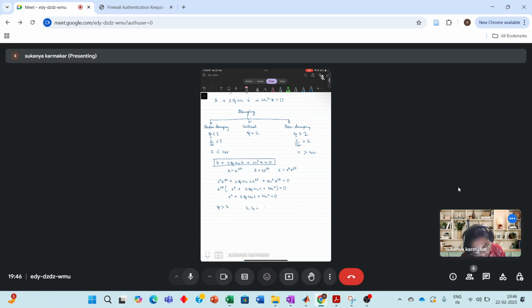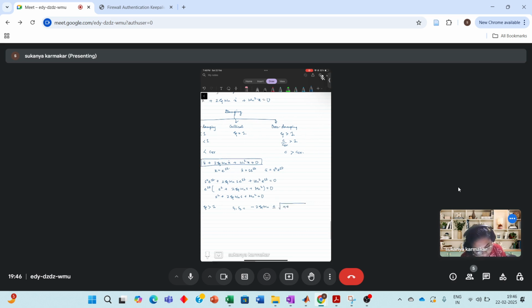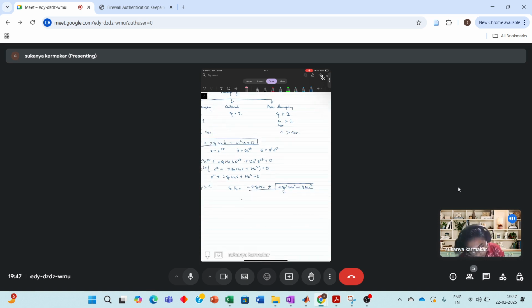It will be minus b plus minus under root of b square minus 4ac by 2a, which I can write in the form minus zeta omega n plus minus omega n under root of zeta square minus 1.